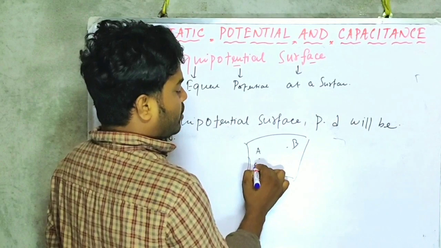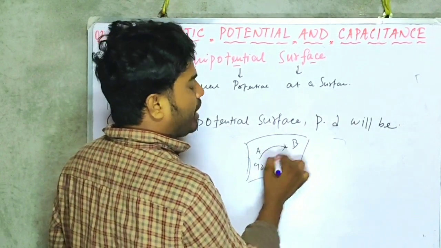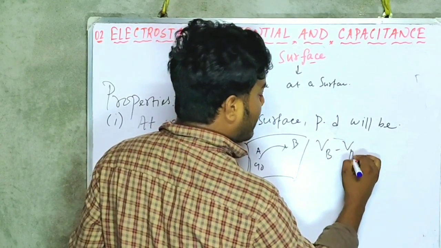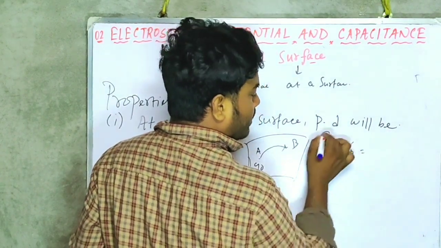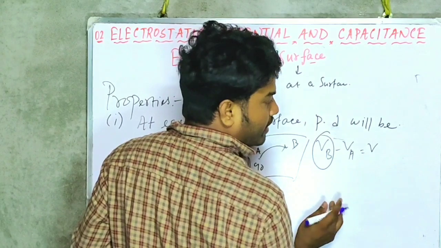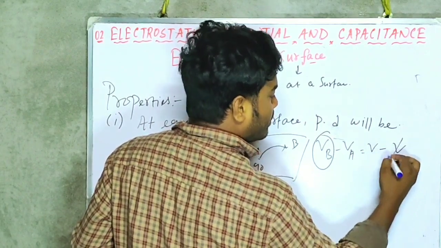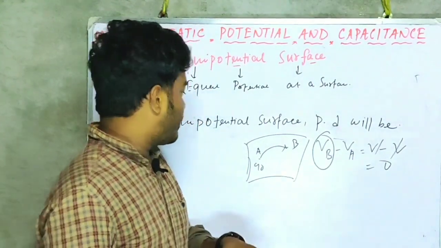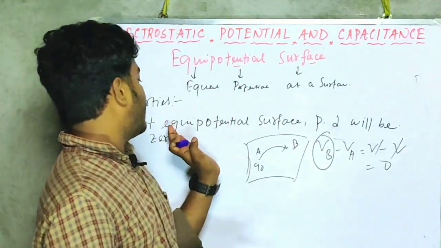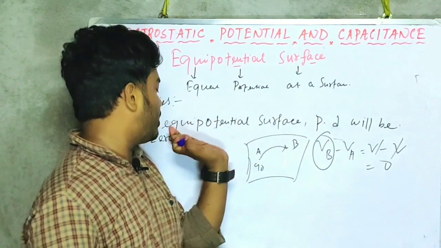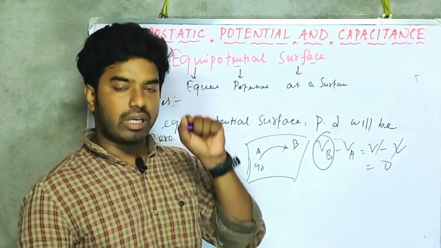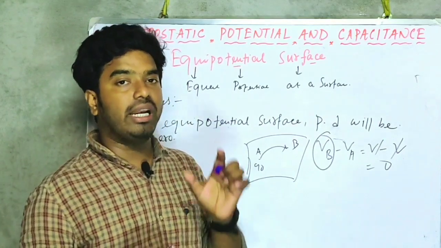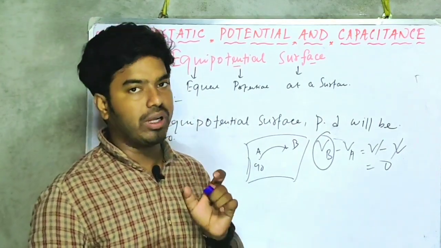If we take a charge Q0 from A to B, then the potential difference will be final value VB minus VA, and VB is V, and VA is also V. So the potential difference is 0. So the first property is that at an equipotential surface the potential difference is 0, because at every point the electric potential value is the same.